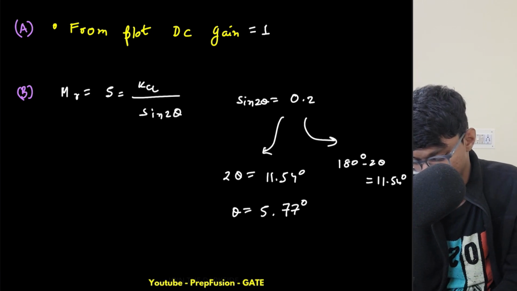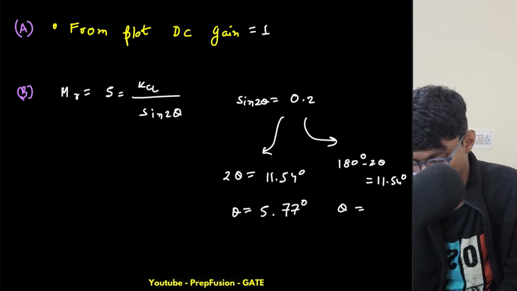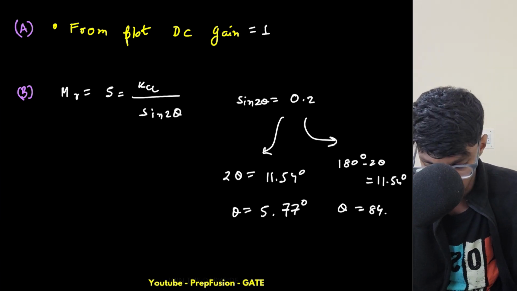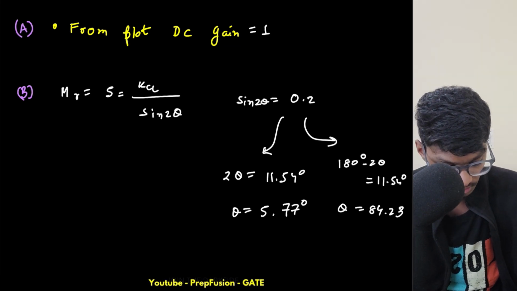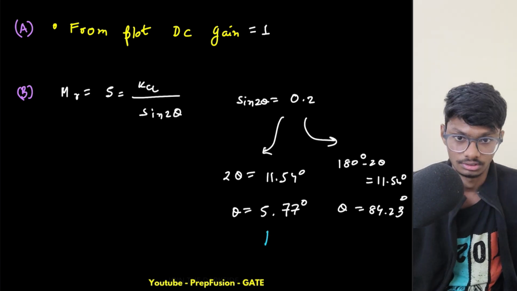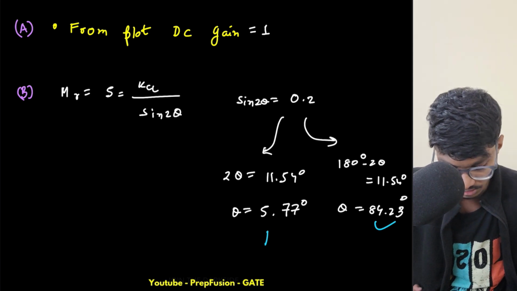Now if I subtract this from 180 and divide by 2, this comes out to be 84.23. Just check which is lying in the range and which is not. Here we can see that this is not lying in the range, and this is lying in the range, so this is correct and this is incorrect.